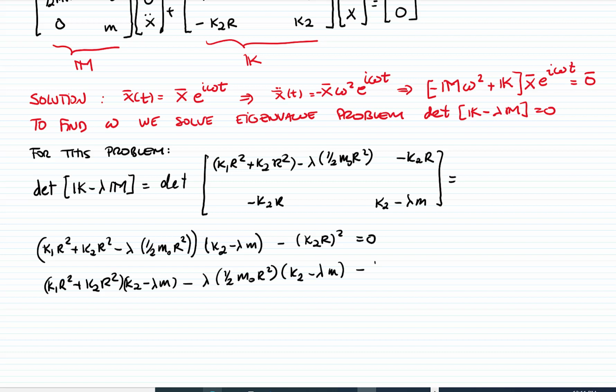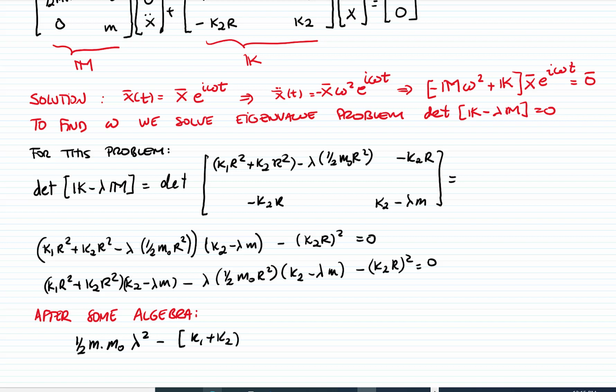And then using a little bit more algebra, I can get a quadratic equation. So let me do that and write a final polynomial, which is 1/2 mass of the block times mass of the disk lambda squared minus (k1 plus k2) all that multiplies the mass of the block plus 1/2 mass of the disk k2, and all that times lambda plus k1 k2 equals to 0.